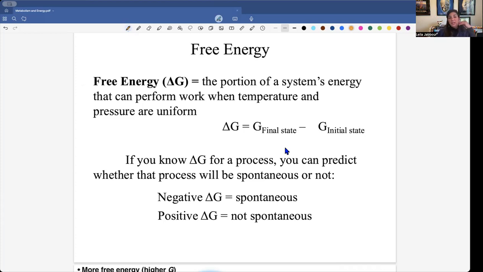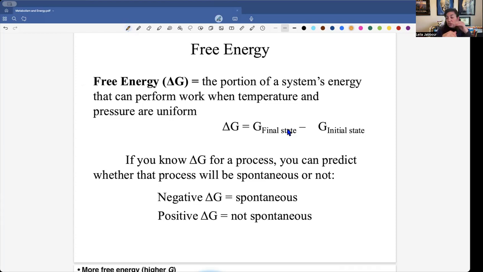This free energy, which we call delta G, is basically the energy at the end of a state, take away the energy that was there at the beginning of that state. And if the difference is positive, then we have energy to do work.